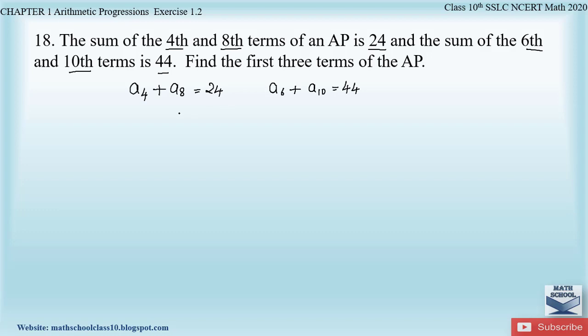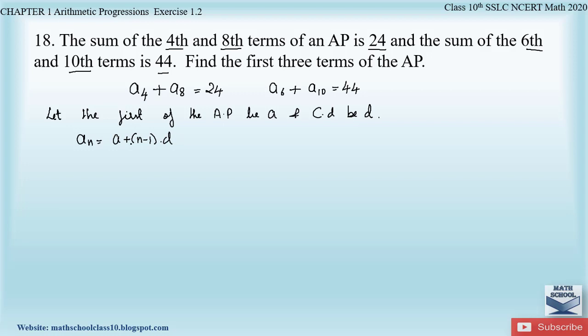Now first of all, let us assume the first term to be a and the common difference to be d, since the AP is not given here. Let the first term of the AP be a and the common difference be d. Now here they have given us the sum of a4 and a8 is 24. So let us simplify. From the nth term formula we can write an is equal to a plus n minus 1 into d.